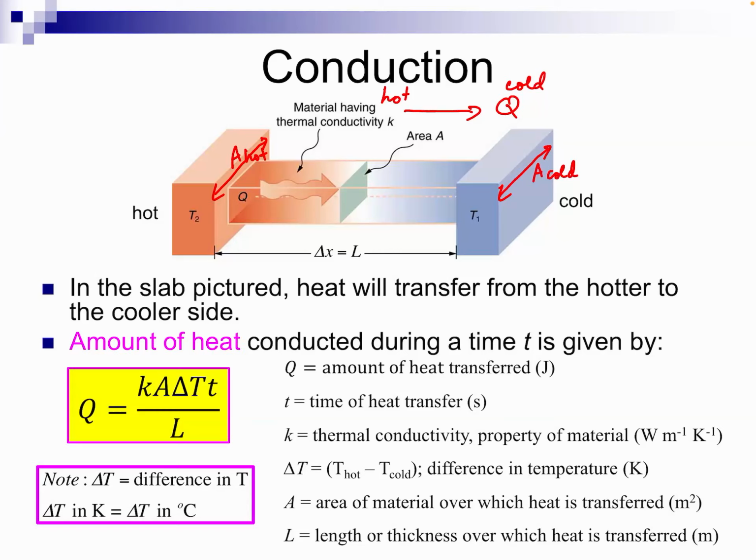But what's important is not the actual areas of the hot or cold objects, but rather the area through which energy is transferred. Because it's only through the area where the two objects are in direct contact with each other that energy can transfer through conduction. So it's this cross-section, the area connecting these two objects, that's important.